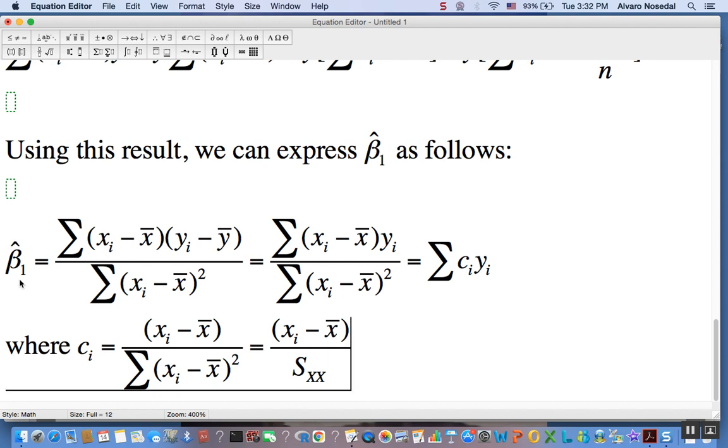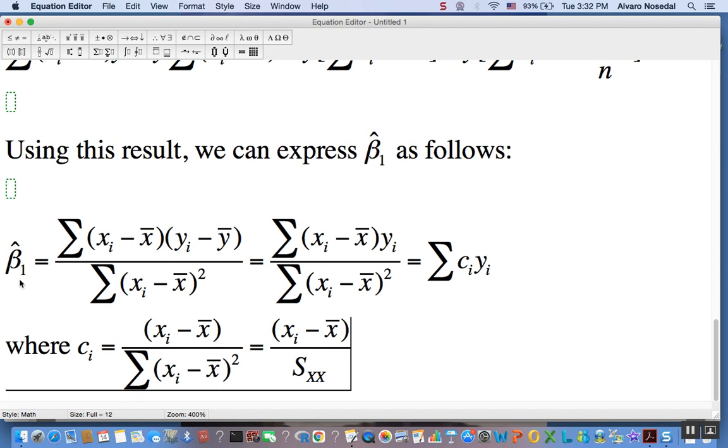But we know that normal distributions are fully specified when you have their mean and their standard deviation, right?